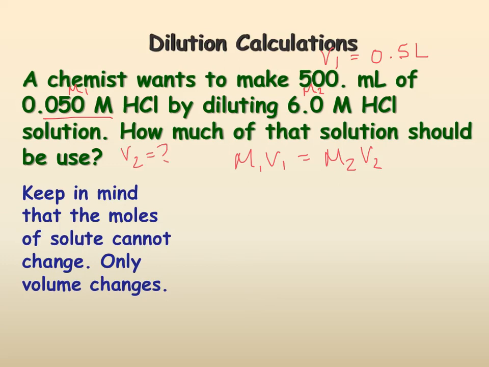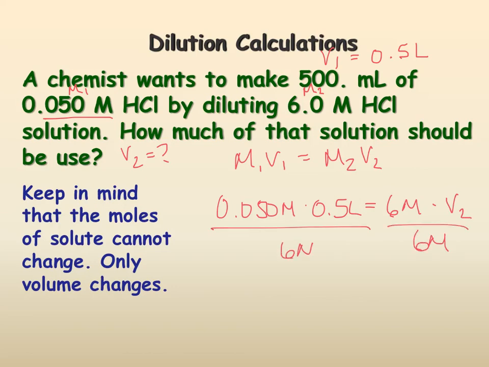All right, so do 0.50 molar times 0.5 liters equals 6 molar times V2. So we divide both sides by 6. You can even see that your molarity cancels out, leaving you with liters, which is what we want to find. 0.50 times 0.5 divided by 6.